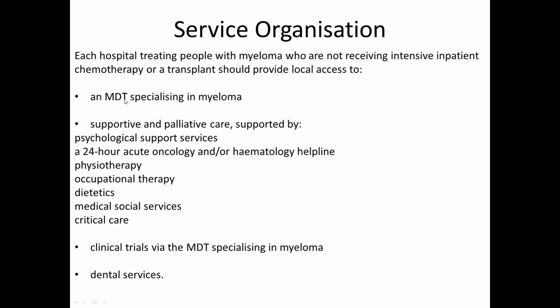So, as I mentioned, psychological support services, 24-hour acute oncology, so any patient coming in with an infection, for example, would have access, physiotherapy, occupational therapy, dietetics, and medical social services and critical care.